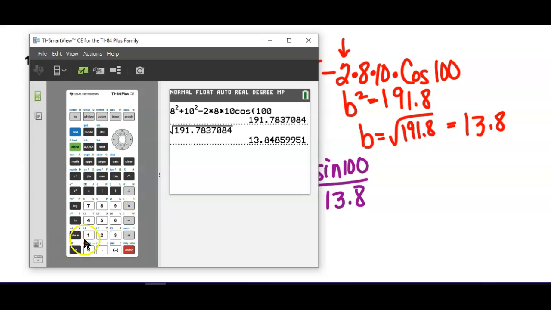Type that real fast. 10 sine of 100 divided by 13.8. And that is the sine of an angle, so we need to do second sine of that number.